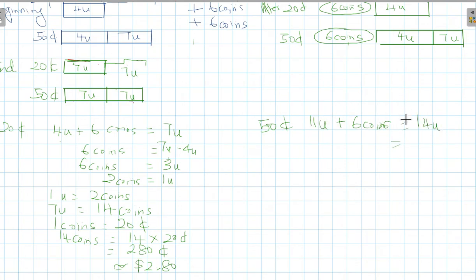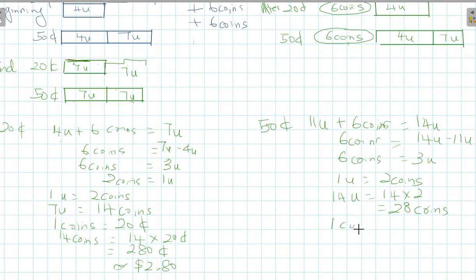So bring this over, will be 14 units minus 11 units equals to 6 coin. So 3 units equals to 6 coins. As usual, 1 unit will be 2 coins. So at the end, 50 cent will have what? 50 cent is actually, in the end, 14 units, right? 14 units will be 14 times 2 will be 28 coins.